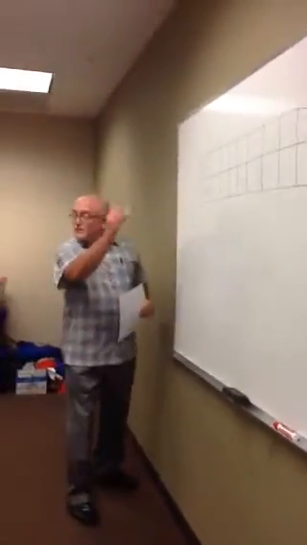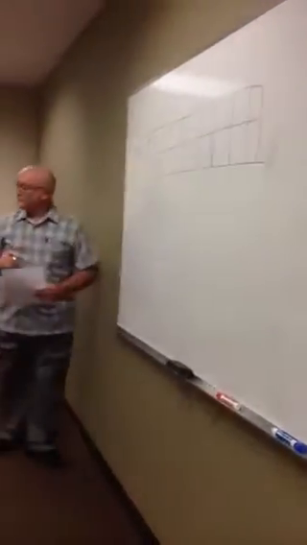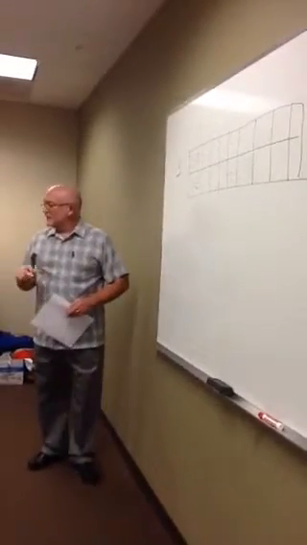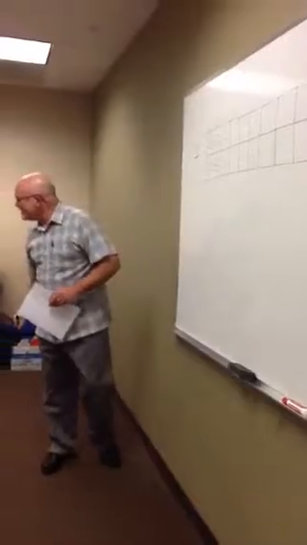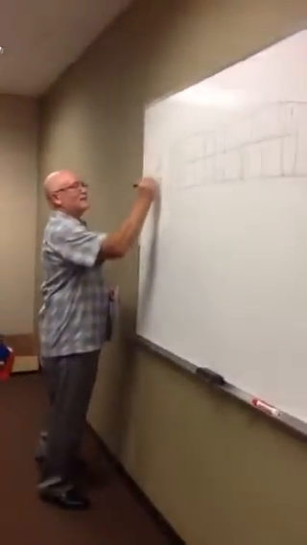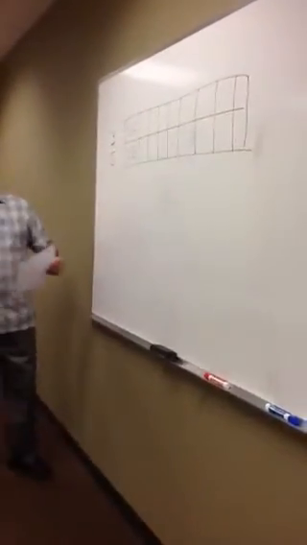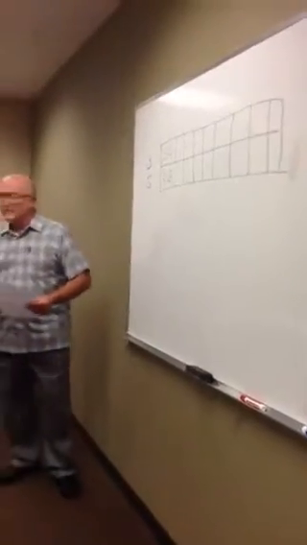So let's say student A read 3 books and student B read how many? 5. I was thinking the same thing. We're just thinking together. So the way you do this is you go across. This is a horizontal tally table.